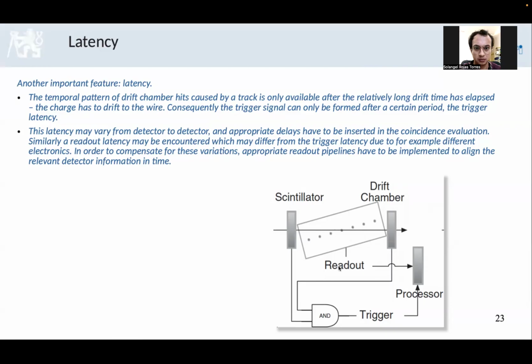This produces some delay, some latency on the time of arrival to the processing part. And for that, you introduce some delay to the trigger, to somehow synchronize the signals.